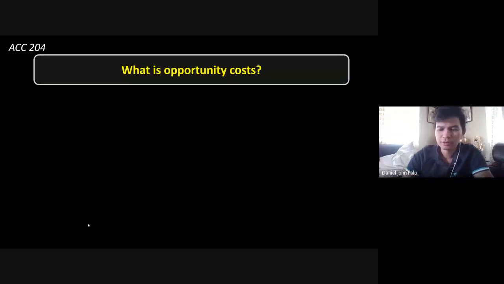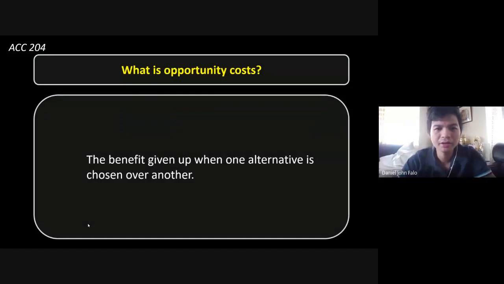Yan. What is opportunity cost? So, opportunity cost, this is relevant cost which is used in managerial decisions. Opportunity cost is also considered as implied cost. Ibig sabihin, hindi mo siya mararamdaman agad kung hindi mo siya hahanapin talaga. Hindi siya explicit or hindi siya makikita. It requires an analysis para ma-identify natin yung opportunity cost.